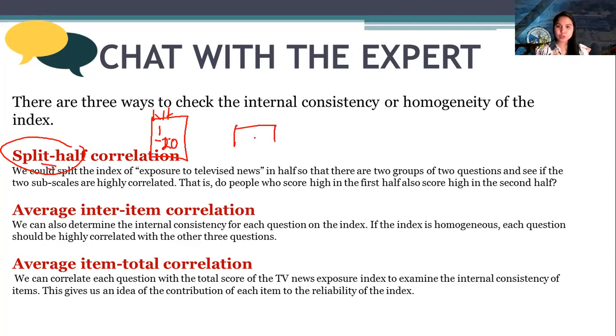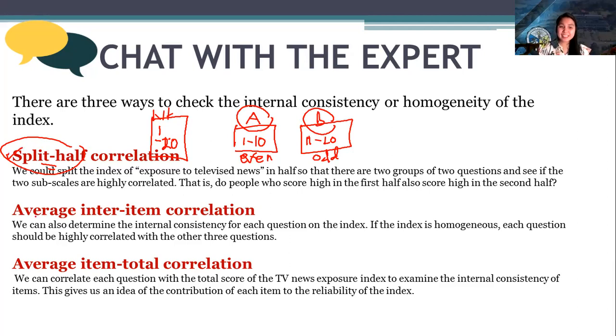So 1 to 10 will be answered by group A, 11 to 20 will be answered by group B. Or all even numbers will be answered by group A, all odd numbers will be answered by group B. And I'll check, is group A's answer similar to group B's answer? That is split half correlation.